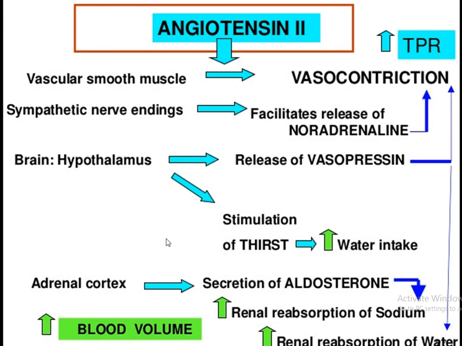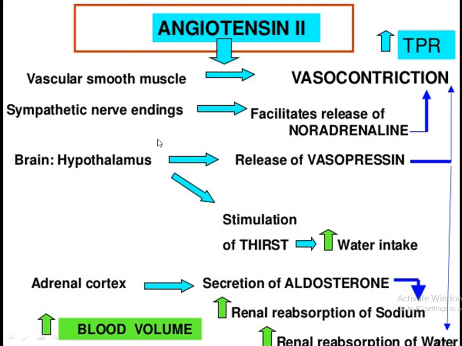It shows not only the vascular smooth muscle and the peripheral resistance and how it is going to increase or decrease, vasoconstriction or vasodilation, and if there is vasoconstriction, how it takes place because of the release of epinephrine through the sympathetic nerve endings.